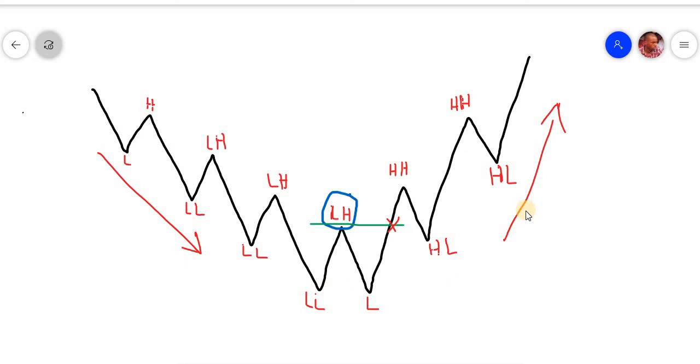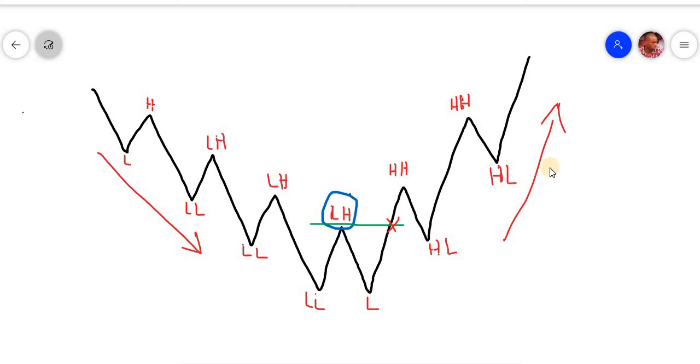And we went further to say that the formation of the higher low further confirms. After you have this break and you now form a higher low, it further confirms the reversal. Okay, then you can say that yes, there is actually a trend reversal.